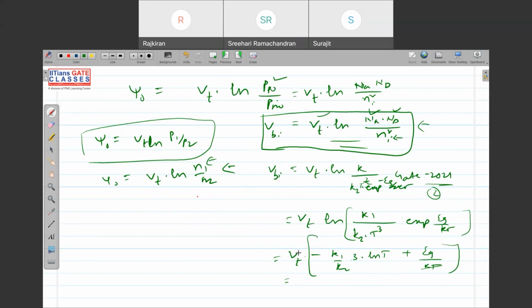This is KT by Q, and this T will get cancelled. Now what will be there? This T will come here: T ln T. Clear? So now what is it telling? It should decrease with temperature, as this is minus.